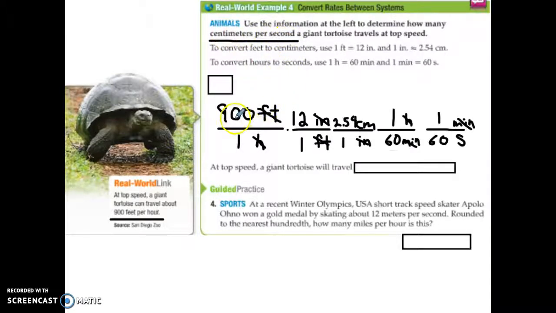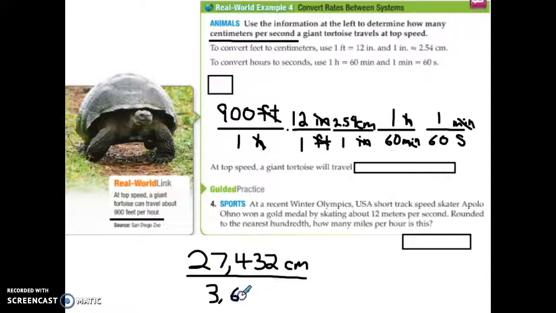Okay? So I multiply this. 900 times 12 times 2.54. And I get this number down here. I'll write it down here. 27,432 centimeters per 60 times 60 times 1 times 1 times 1 is 3,600 seconds.